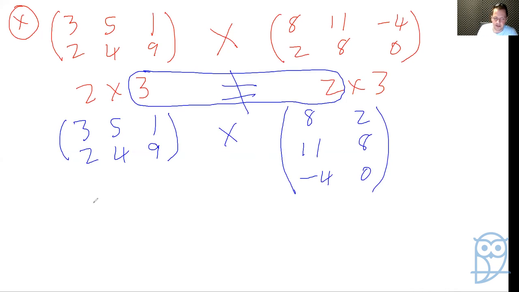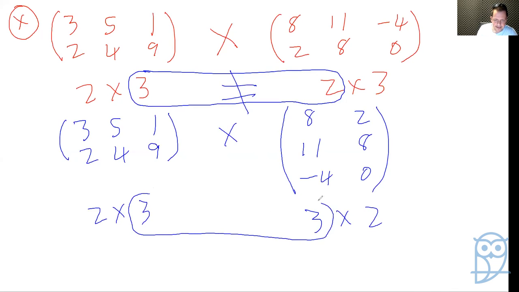All right, this is now a 2 by 3. This is how many rows? 1, 2, 3. How many columns? 1, 2. Are these inner dimensions equal? Yes, they are. Because they are equal, we can now do our multiplication. And when you see the process of multiplication, you'll understand why these two need to be equal.